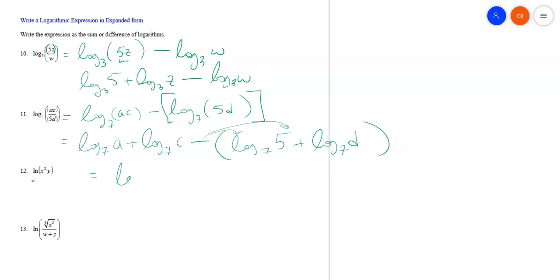It will go equals log base 7 of a plus log base 7 of c, and then minus both of these, minus log base 7 of 5 and minus log base 7 of d. There's a chance to make a mistake over here, maybe by having plus here instead of minus. But if you're very careful of the minus, then you don't have to worry about it.